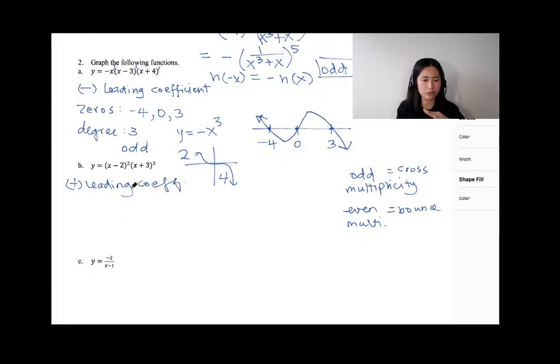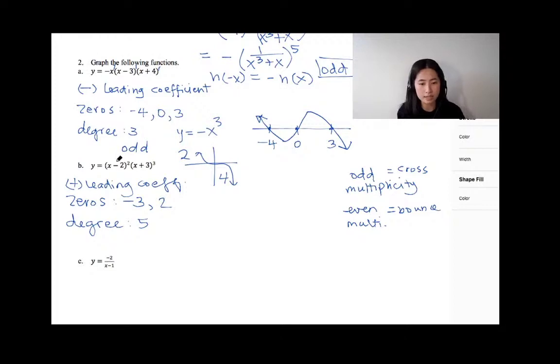I'm just going to abbreviate coefficient as co-f. And your zeros are essentially x plus 3 and x minus 2, right? And then your degree now is going to be 5, and the reason why it's 5 is because it's 2 plus 3, right? So degree is the sum of your multiplicities.